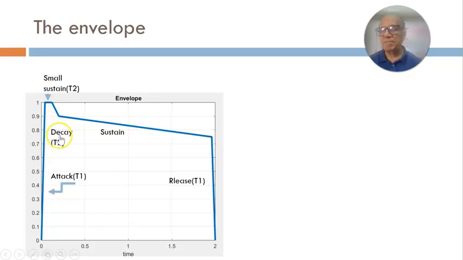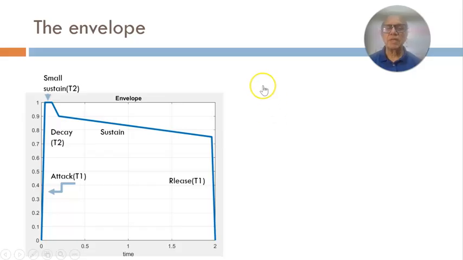Then you have decay, and again the number of samples in the decay phase is also equal to T2. These two need not be exactly same. In this particular case we are treating them as equal. Then you have the sustain phase, and finally the release phase, and release phase also has T1 number of samples, same as the number of samples in the attack.